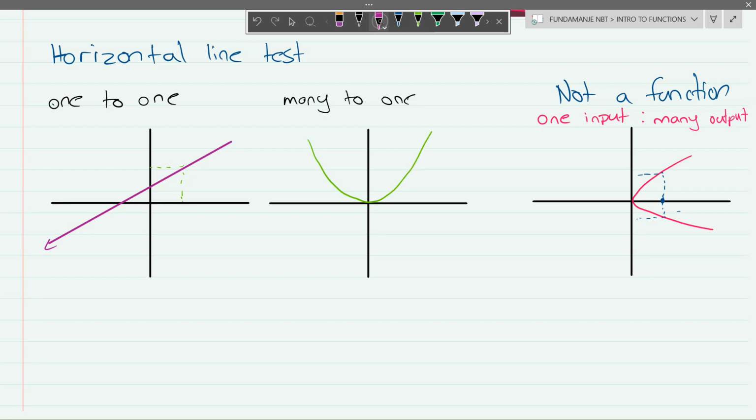where if we draw our line, we intersect the graph at 2 points.